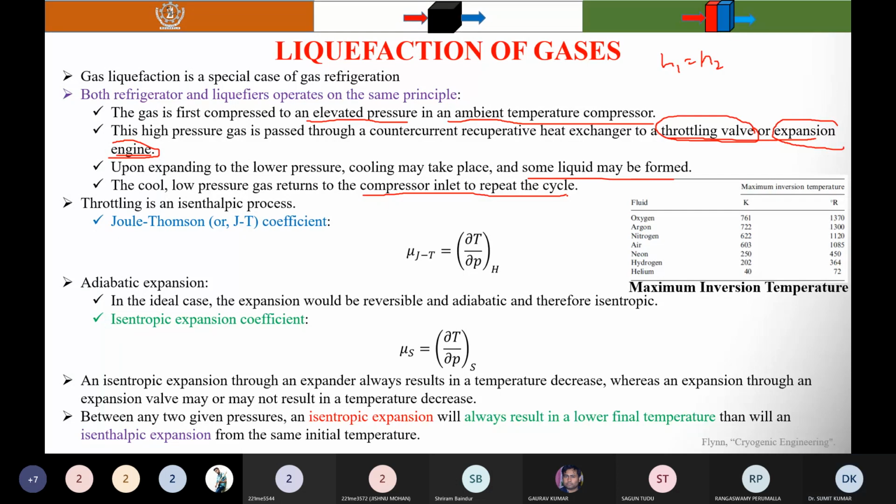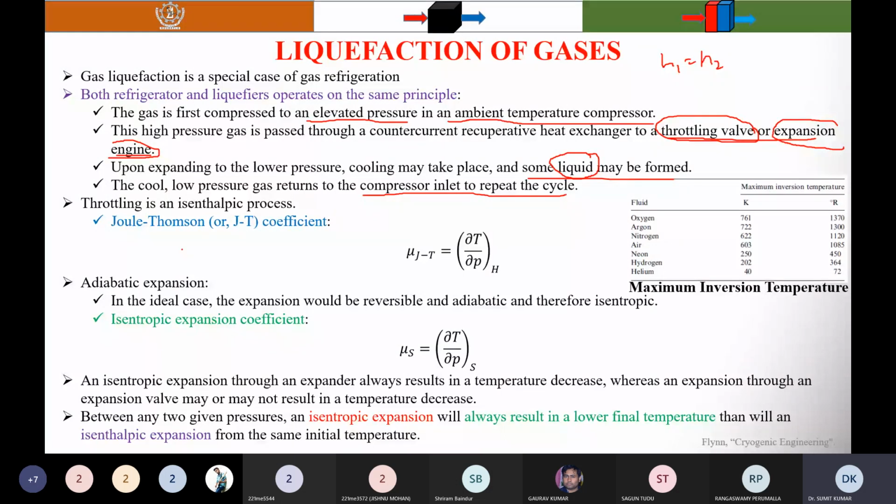Okay, so the important thing is the expansion. I told you that upon expanding to the lower pressures, the gas has been condensed to liquid. So there are two ways to expand the gas.